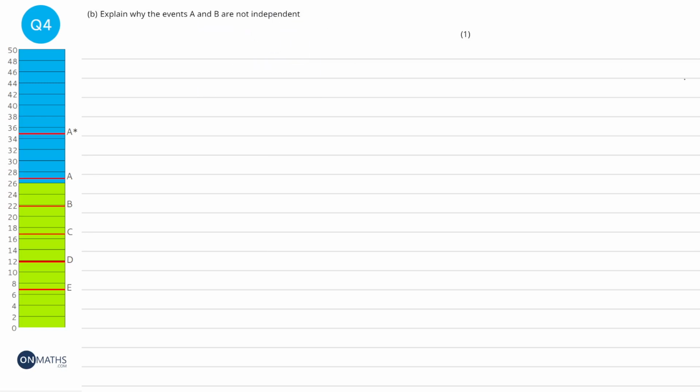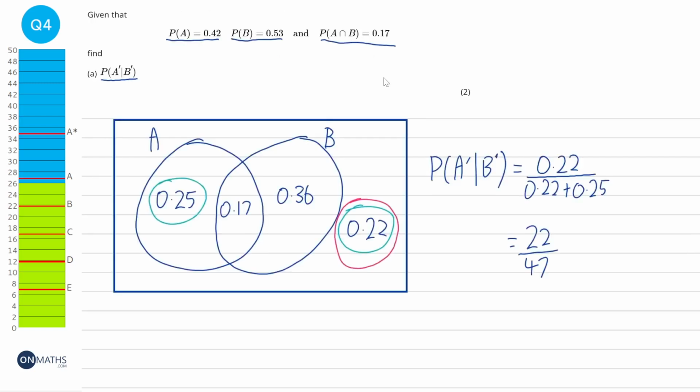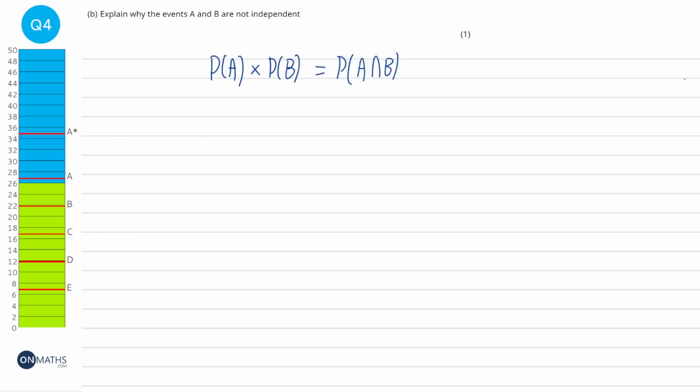So if these are independent, we would expect just to be able to multiply them together, and that will give us the probability of A and B. So let's do that. The probability of A is 0.42, probability of B is 0.53. So we're going to do 0.42 times 0.53, and that's going to give us 0.2226.